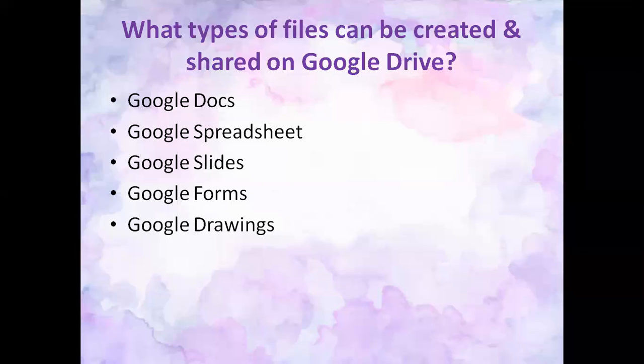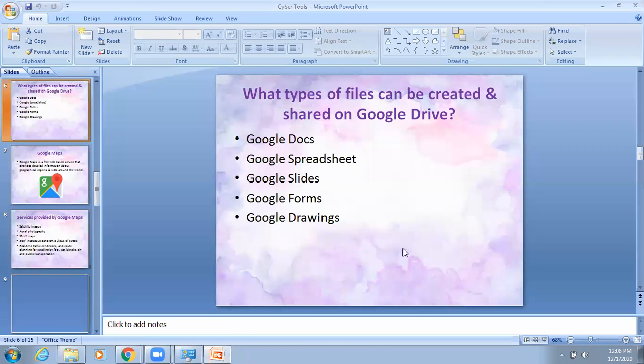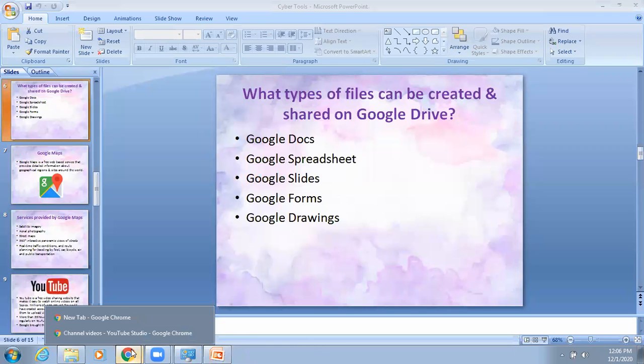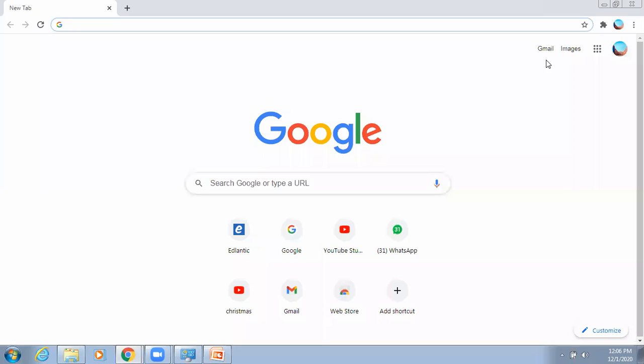Now, what type of files can be created and shared on Google Drive? Let us first understand what Google Drive is. Suppose I have already opened my Google account. When you open your Google account, you will be able to see these icons, like it is coming on my screen.